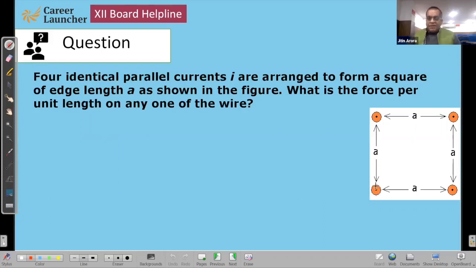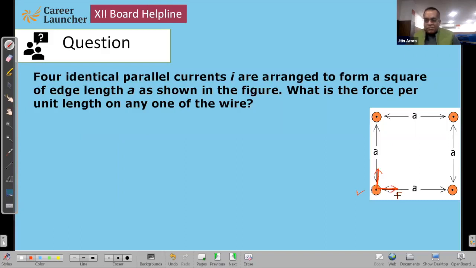Pretty simple to handle. बच्चों देखो चारों वायर्स में करंट सेम डायरेक्शन में है, तो if you look at any of the wire, it will be attracted by 3 wires around it. So if I look at this particular wire, it will experience an attractive force due to the upper wire. It will experience another attractive force due to the wire on this side.